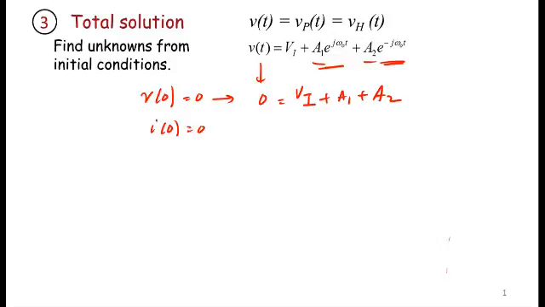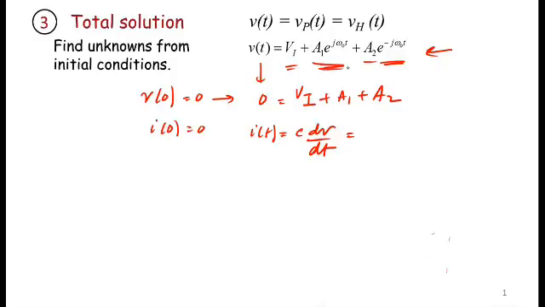Now, in order to do the next one, I have to use this little trick, where, as I told you, I of t is equal to C dV/dt. So let me take dV/dt. The first part is a constant, so its derivative is 0.